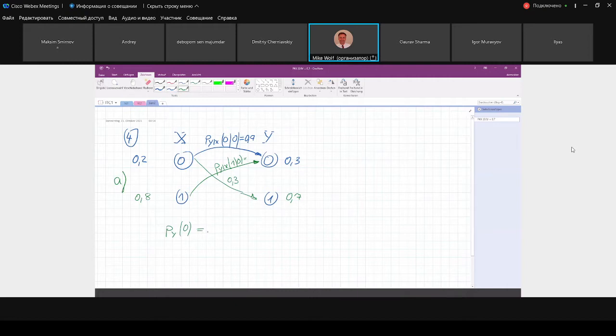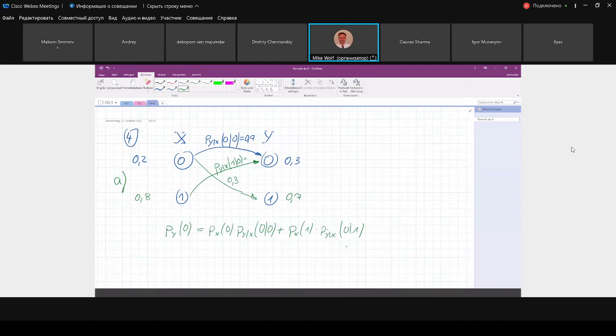So this is P of x equal to 0 times the conditional probability of y given x, 0, 0, plus, and then we come from x equal to 1, multiply this with the conditional probability of y given x, 0, 1. And this is what we are looking for. Now I just insert the numbers, as you said.